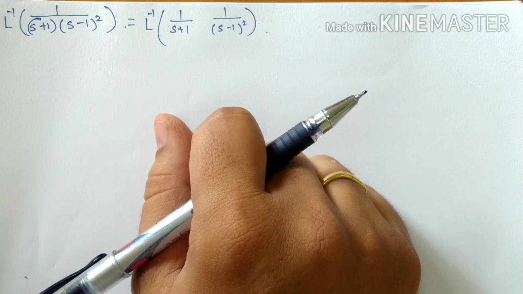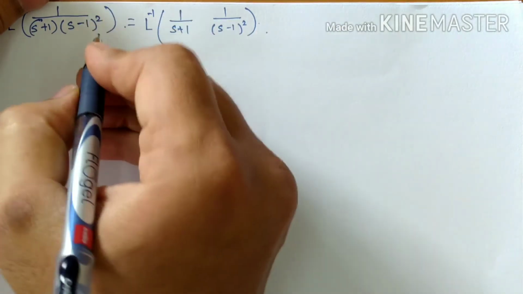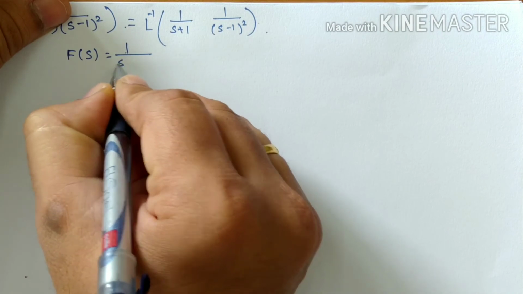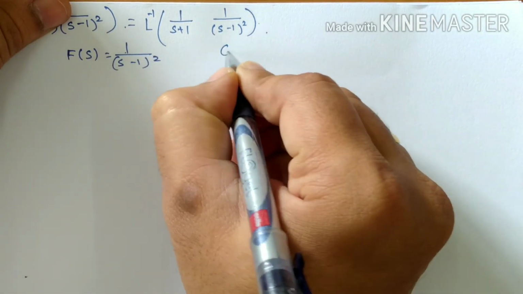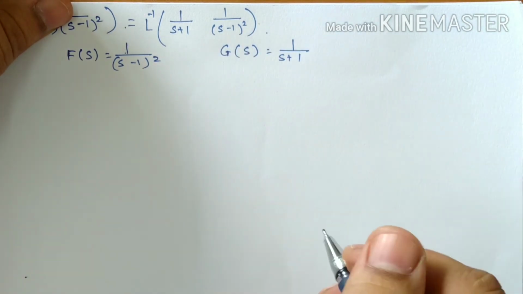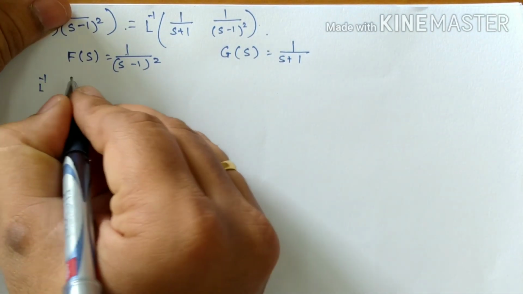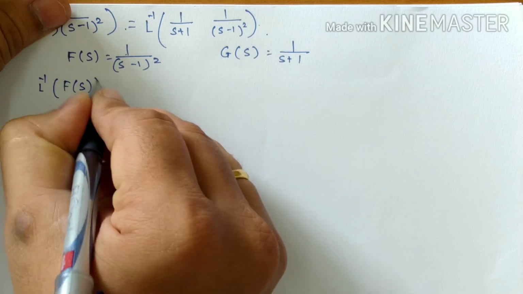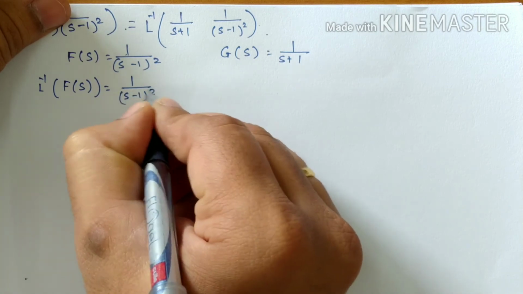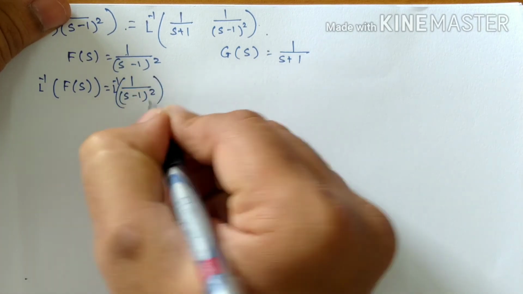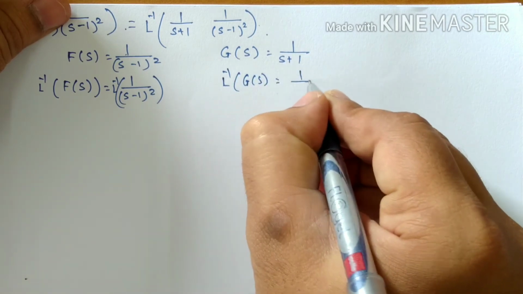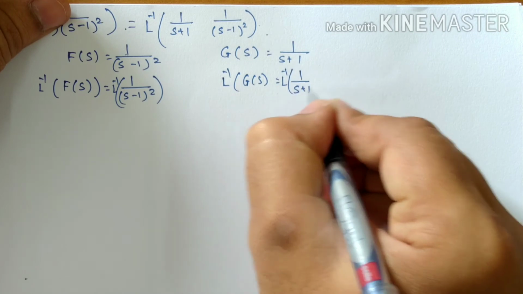So to make it simple, I call this f of s and this g of s, that is 1 upon s plus 1. Now inverse Laplace of f of s is L inverse of 1 upon s minus 1 square, and inverse Laplace of g of s is L inverse of 1 upon s plus 1.